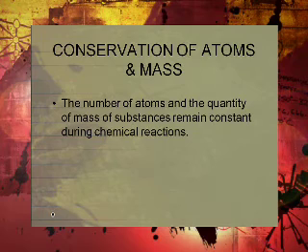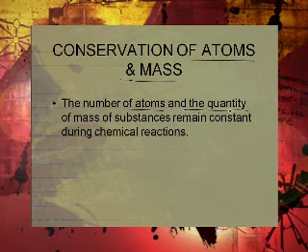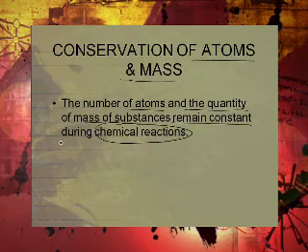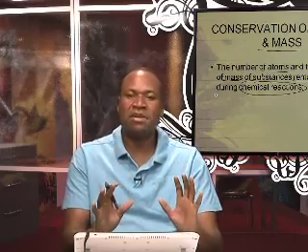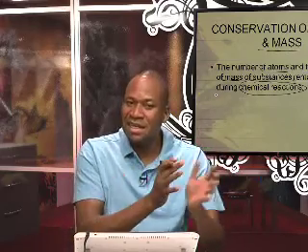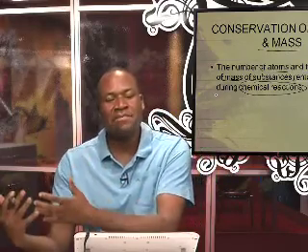Now, let's start. Grade 10, conservation of atoms or conservation of mass. What is it all about? The number of atoms and the quantity of mass of substances remain constant during chemical reactions. When we have a chemical reaction, we've got reactants that interact with each other so that we can get a product.